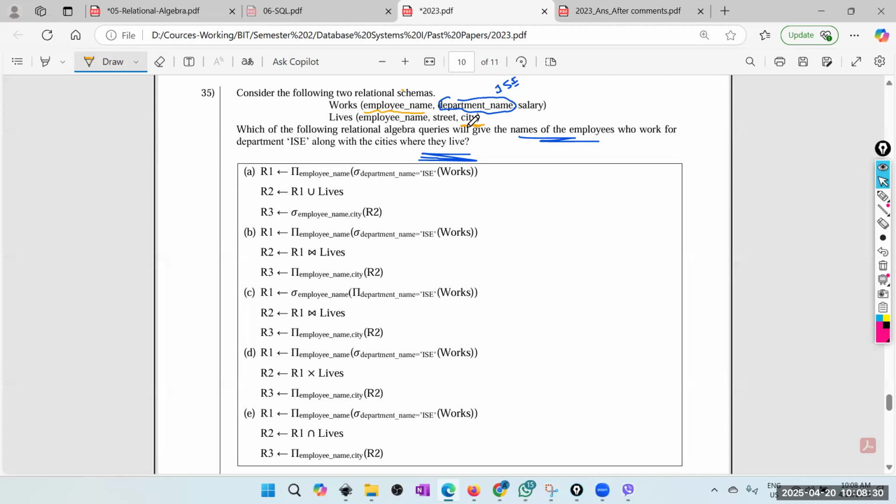Is it A, B, C, D, or E? Remember only one answer is correct.